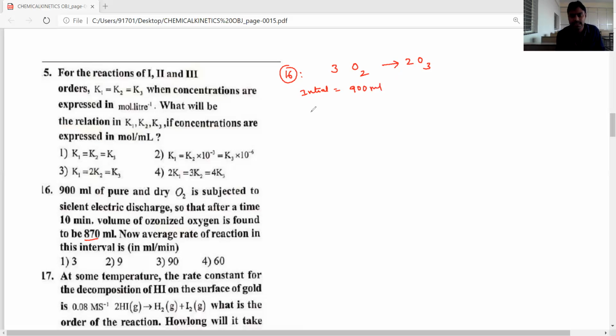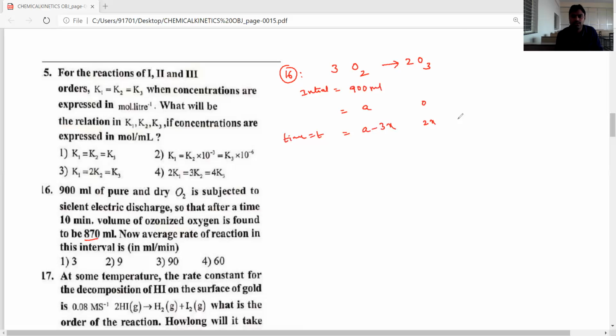Let it be A, and the ozonized oxygen formation is 0 initially. At time T, this A decomposes: 3X is converted, and then how much ozone is formed? 2X is formed.